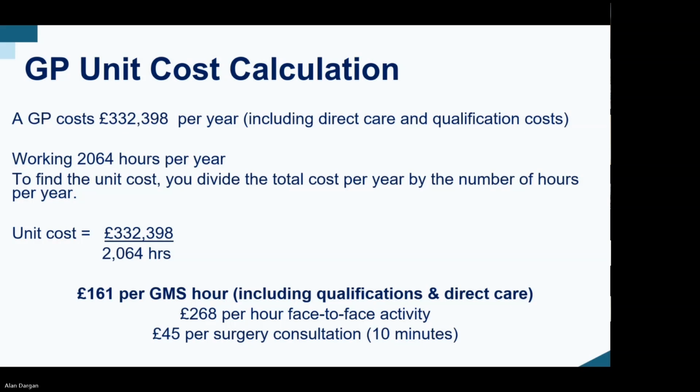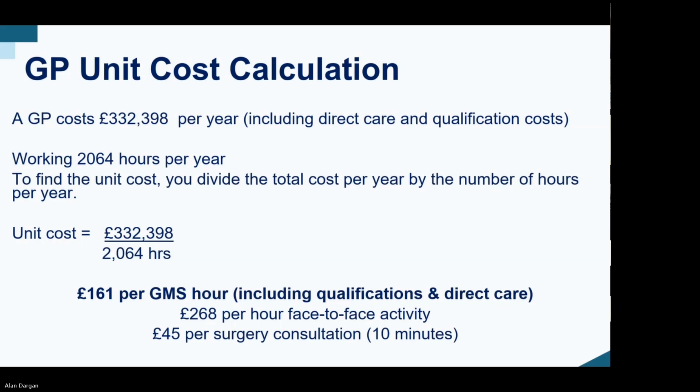So we would find the unit cost by dividing the total cost per year by the number of hours per year. So it would cost £161 per GMS hour, and this is for general medical services. And then we would calculate £45 per surgery consultation based on 10 minutes per consultation.